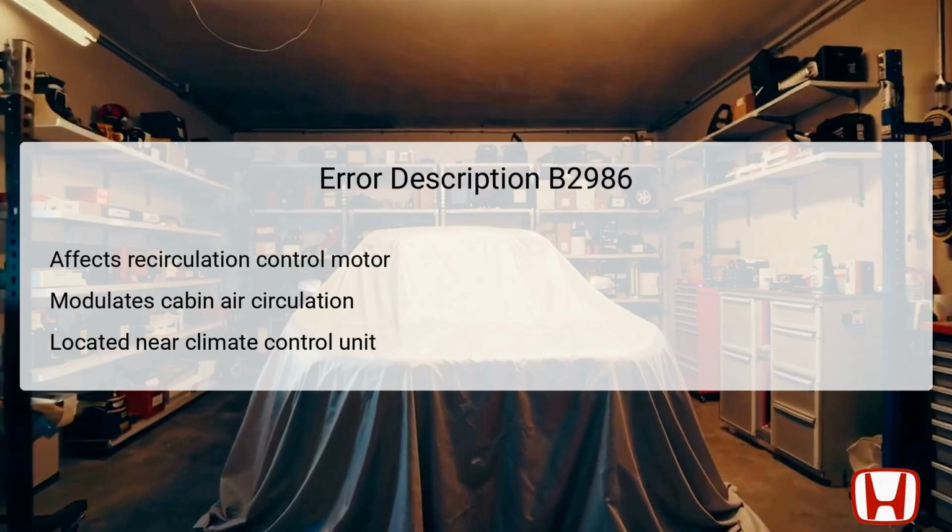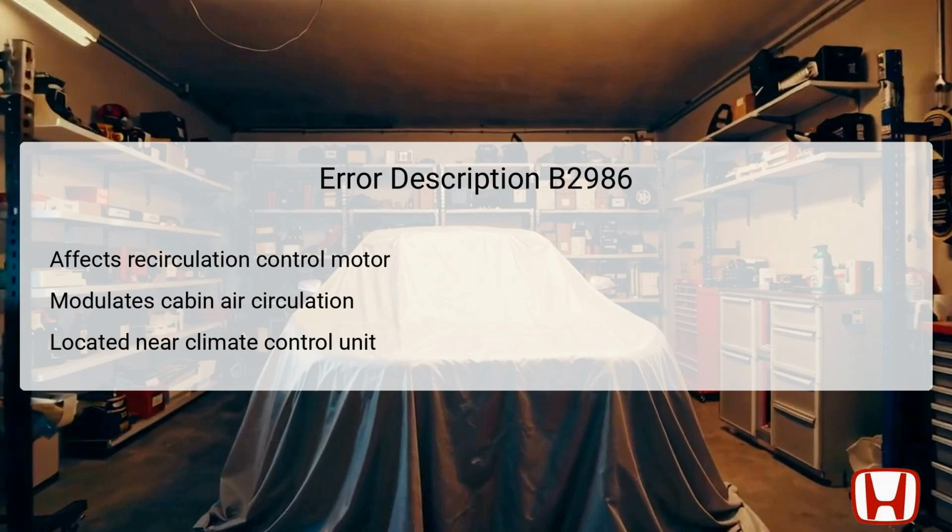The diagnostic trouble code B2986 is specifically related to the recirculation control motor, which plays a vital role in managing the vehicle's ventilation system. This motor is responsible for controlling whether outside air or recirculated air is used in the cabin, thereby influencing comfort levels for passengers.